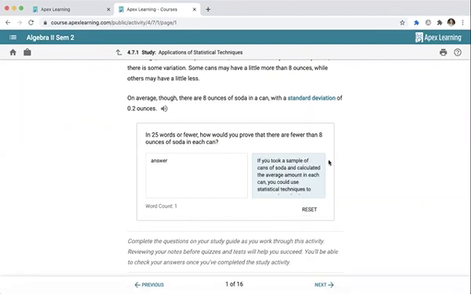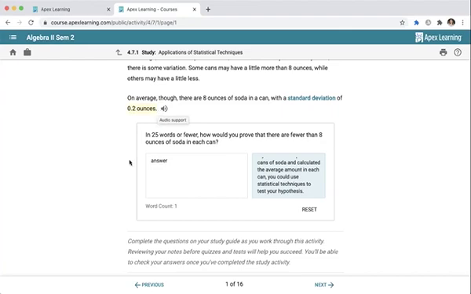And it's asking you, how could you prove that there are fewer than 8 ounces of soda in each can? What we could do here is take samples of different sodas, grab different sodas off the assembly line, and calculate the average amount in each of those sodas, actually measure out the number of ounces that are in that soda. Then we can use statistical analysis to prove that there are this plus or minus 0.2 ounces.